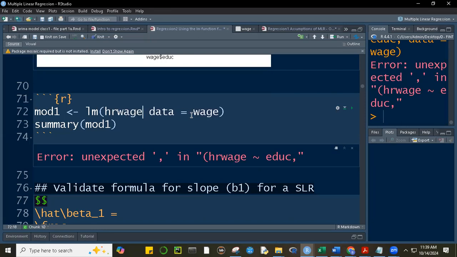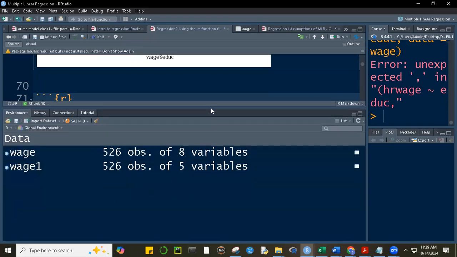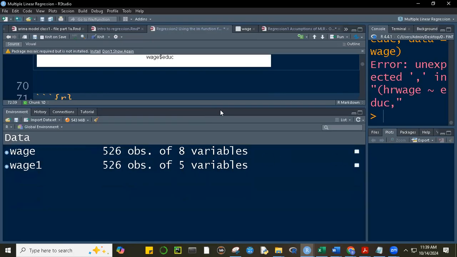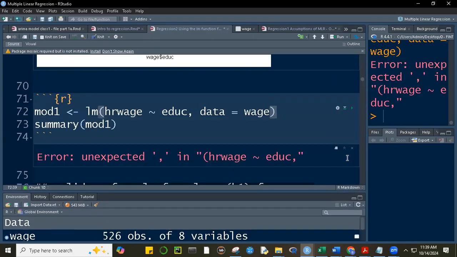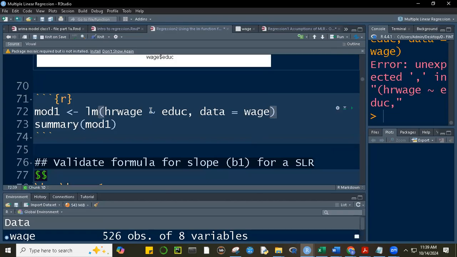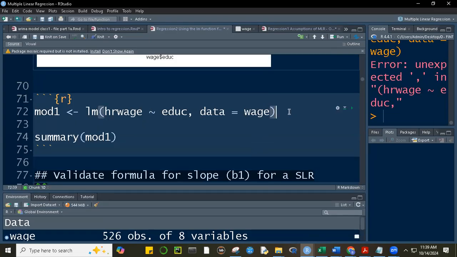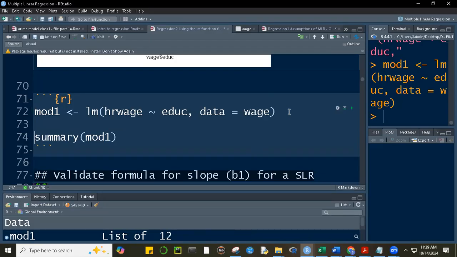Hourly wage. And data is equal to wage. So, andito naman yung wage ko. Okay? Weird nitong R ko ngayon.